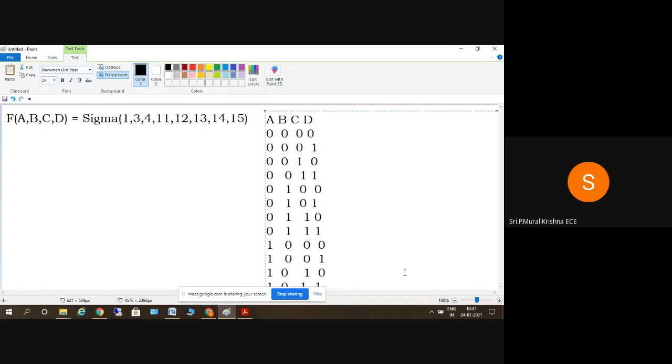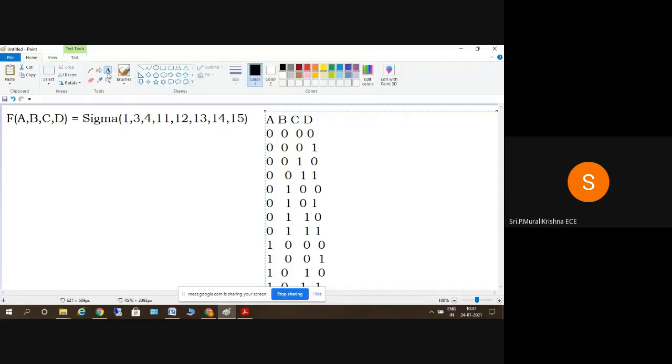Okay. Now what we have to do here is divide the rows based on the values of ABC. We have to group the similar selection lines, that is 0, 0, 0.